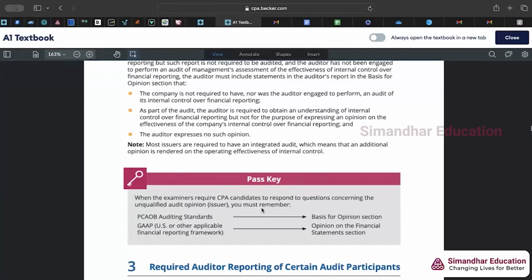That means you have just gone public and you have less than 1 billion in public debt, 1 billion of revenue, or market capitalization of 700 million or more. If you are crossing these thresholds, then you are required to comply with the SOX requirements. Now, you don't need to remember thresholds. Please remember just section 404A and section 404B.